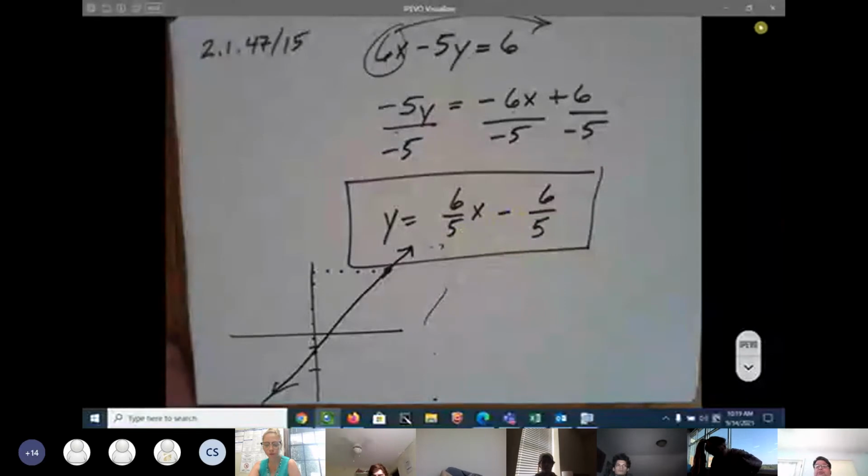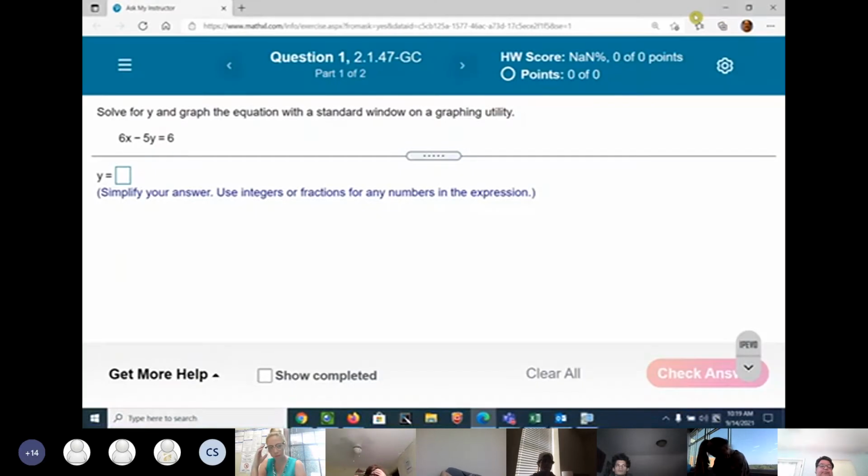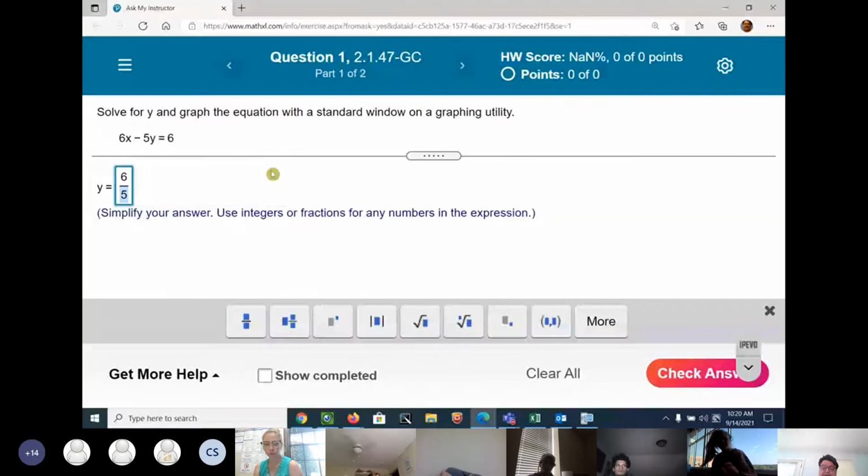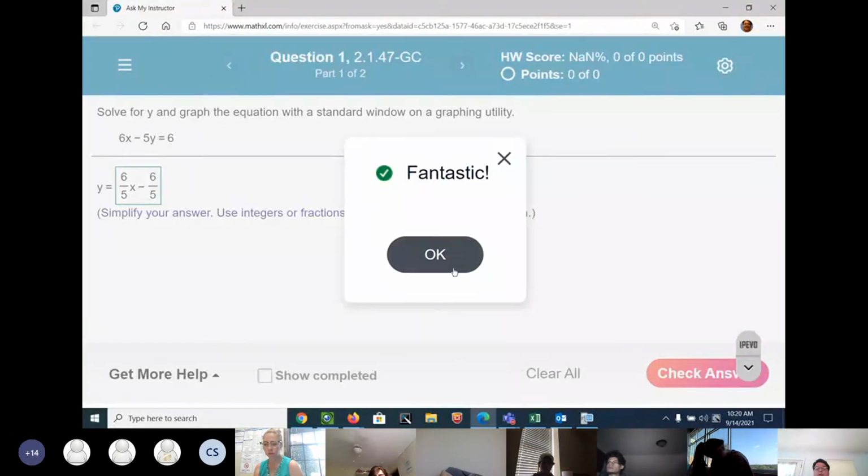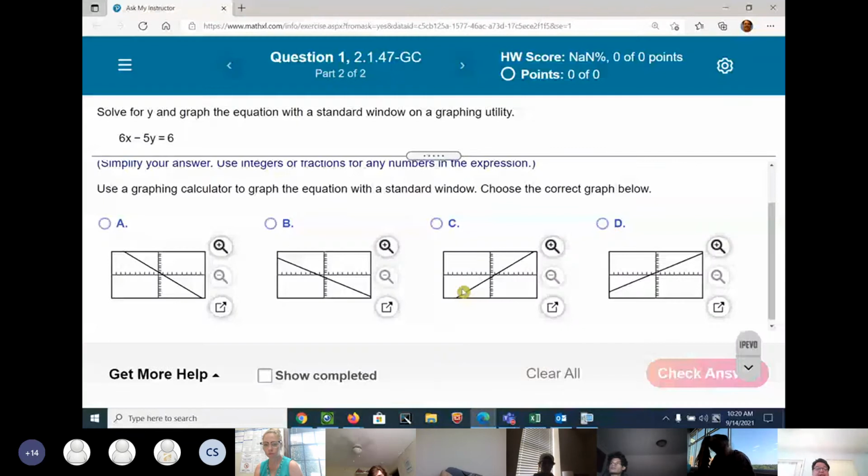Six fifths x minus 6/5, and it's positive slope. So somebody tell me which one is not.